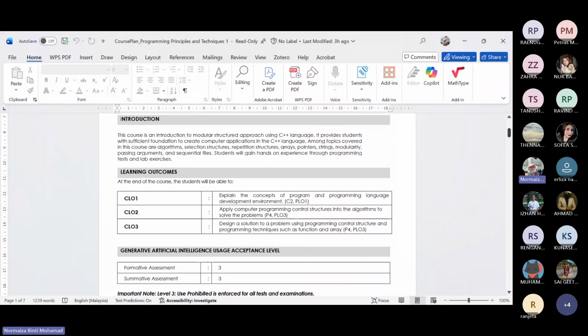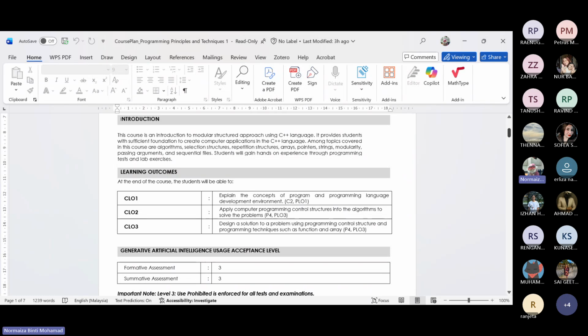So basically, this is programming language, programming principle and technique, and we're going to use C++. Then we're going to learn all the notation and everything about C++.